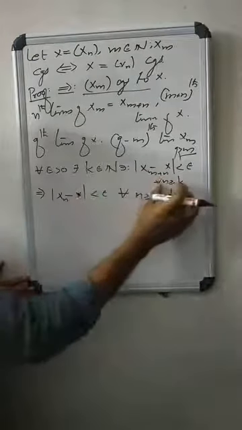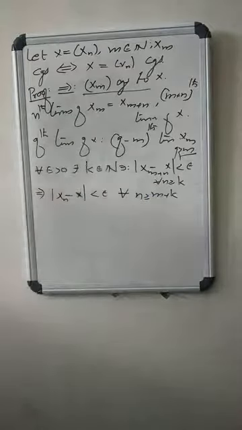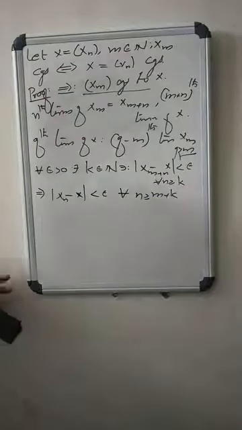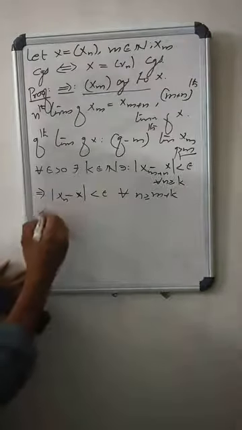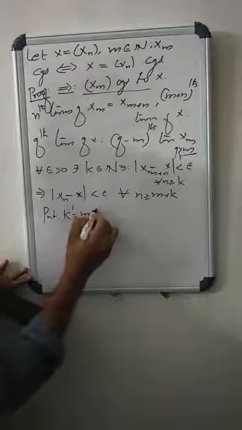So from here, for all n greater than or equals k, modulus of x_n minus x is strictly less than epsilon for all n greater than or equals m plus k. Put k dash equals m plus k.